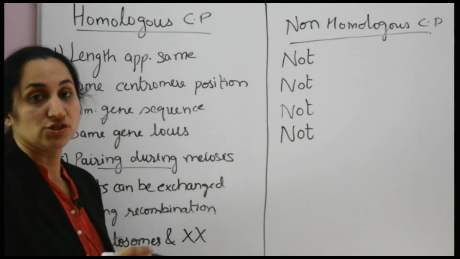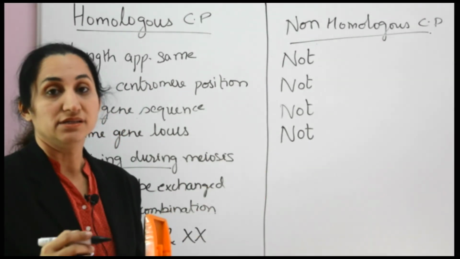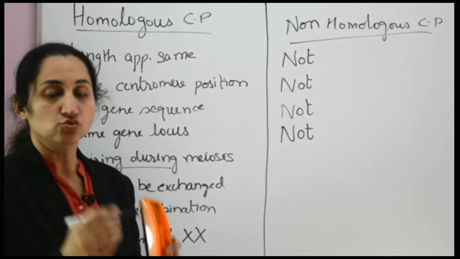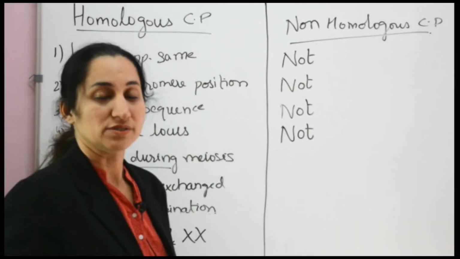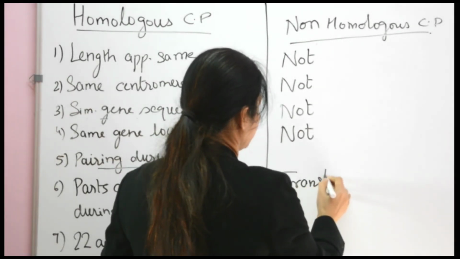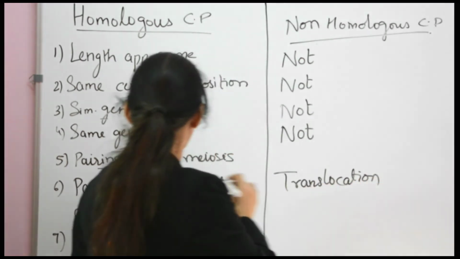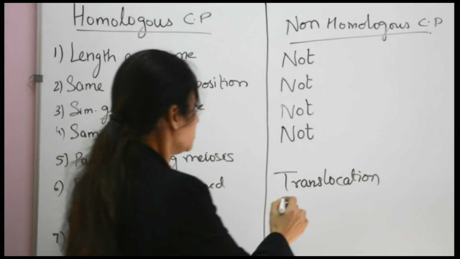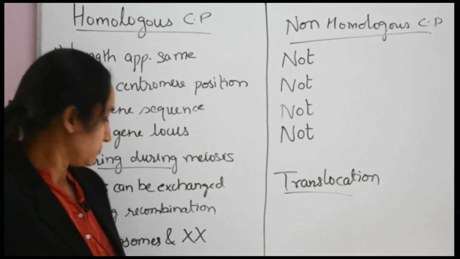This recombination is the time when genetic material is exchanged between the two homologous chromosomes. But when two non-homologous chromosomes exchange their material, it is known as translocation. Both translocation and recombination give genetic variability, right?